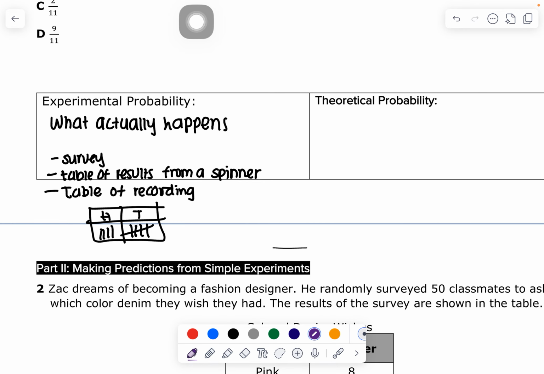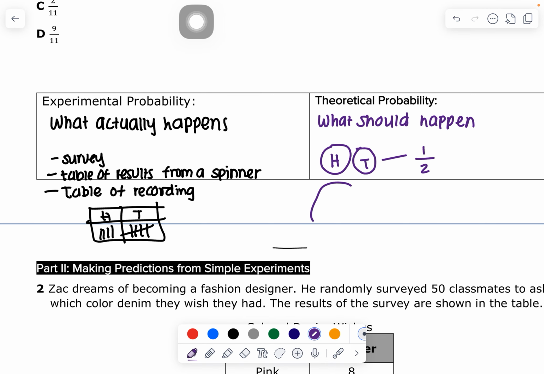But theoretical is what should happen. And I'll give you an example. When we toss a coin, there are only two options. The probability of tossing a coin should be 1/2. Either we get heads or we get tails.